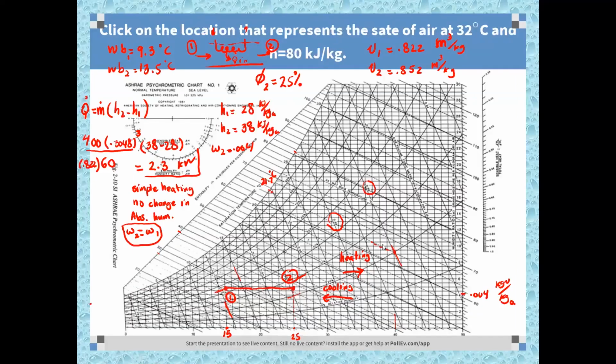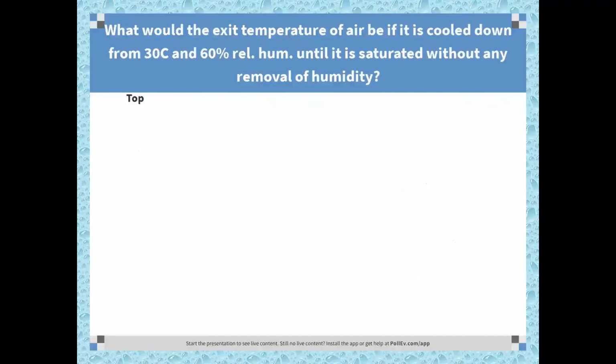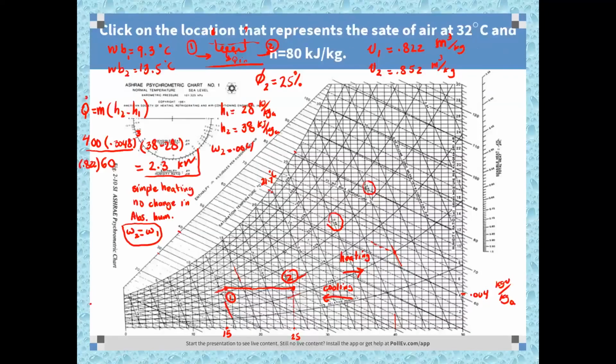We go to 30 degrees C, 60% relative humidity, cooled until saturated.